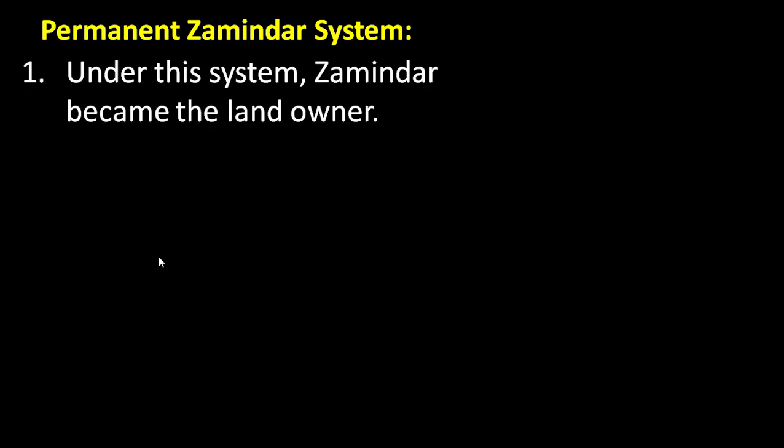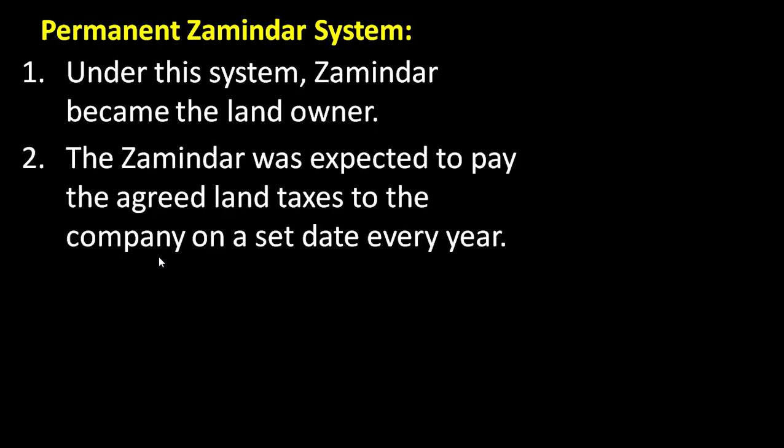So let's come to the very important features of this Permanent Zamindari System. Under this, the Zamindar became the landowner. That is the first one. The second one, the Zamindar was expected to pay the agreed land taxes to the company on a set date every year.